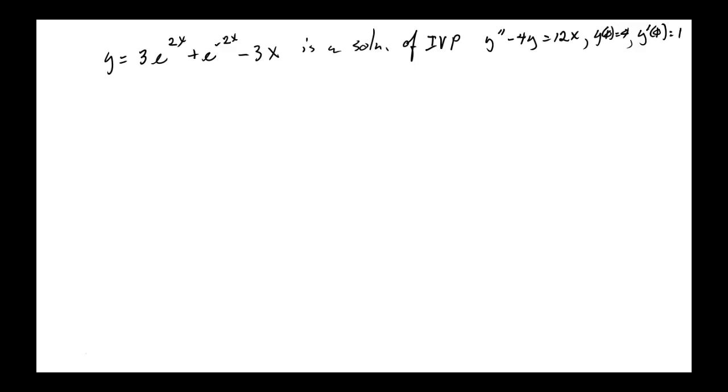Now, we need to verify this is a solution to that. How do we go about verifying? Take a derivative. y prime is equal to 6e to the 2x, times 2.